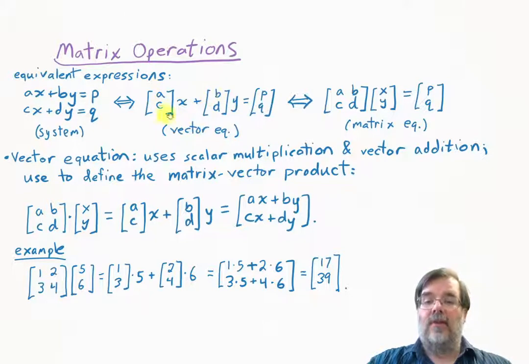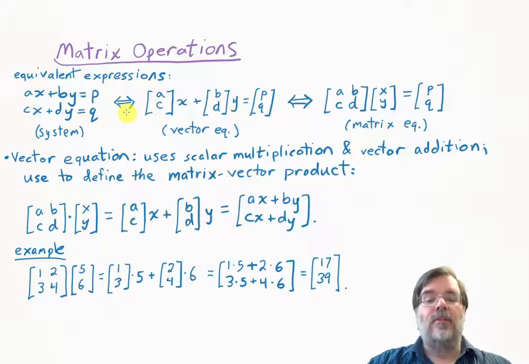Or you could gather the coefficients into a rectangular grid of numbers, which we call a matrix, a vector of variables, and a vector with constants. And all these are equivalent expressions.